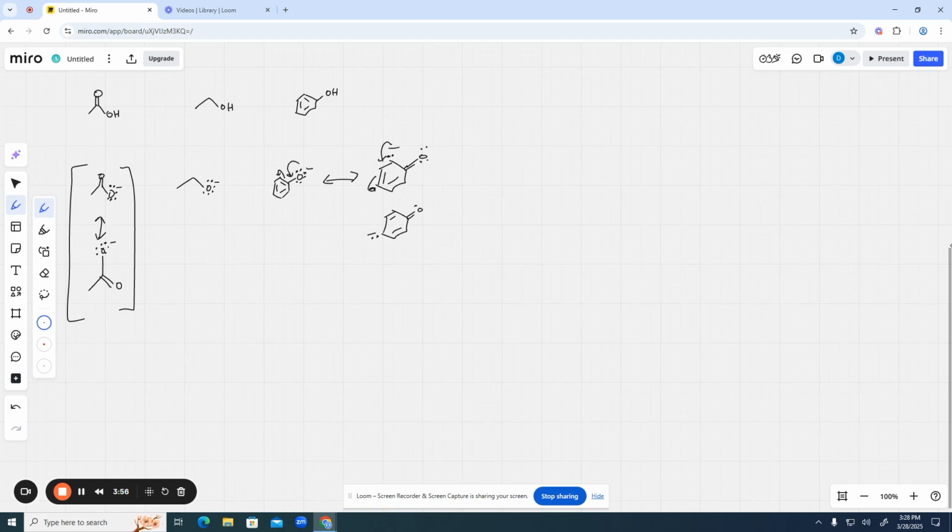Remember this O. Now once again, these electrons can form a double bond here, and this double bond will form a negative charge on that carbon. And then finally, it needs to form a double bond here, kicking these electrons back onto the oxygen.